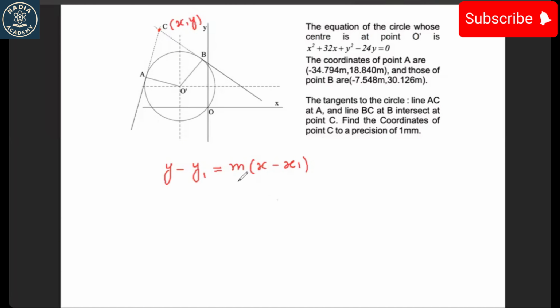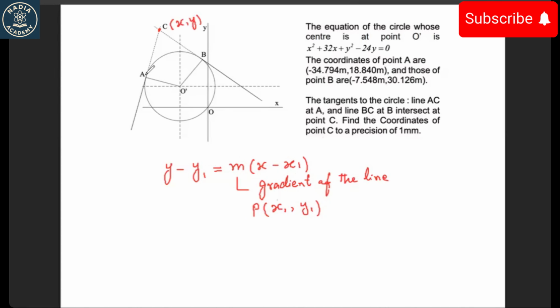Here m is the gradient of the line, and x1 and y1 are the coordinates of a point, and that point must be on this line.